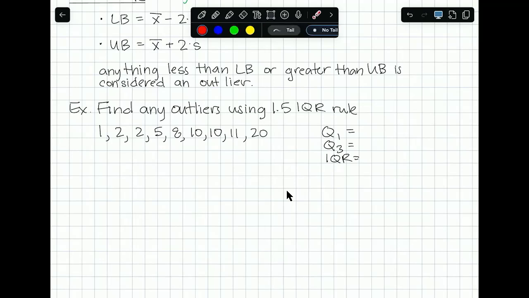So I cross those off, I cross those off. Let's just color code here. I'll do this first round in green. Cross off, cross off, cross off, cross off, cross off, cross off, cross off, cross off. So we can see that our median is 8.